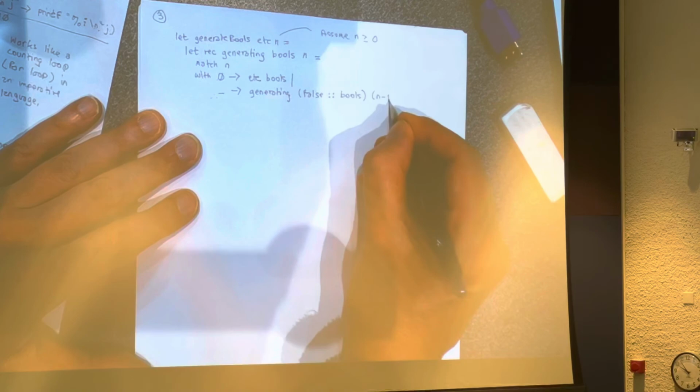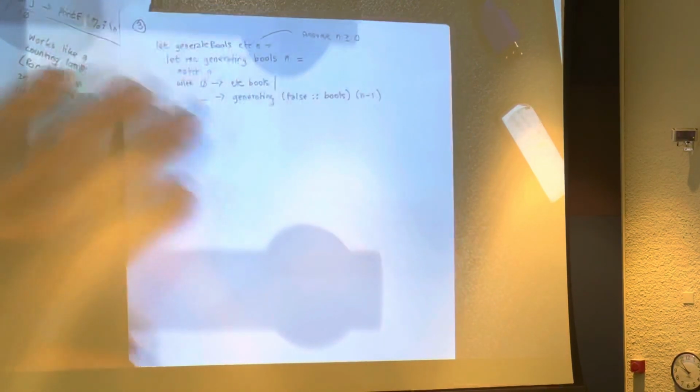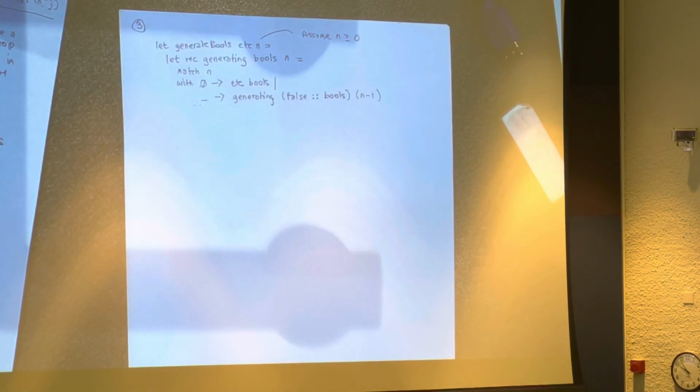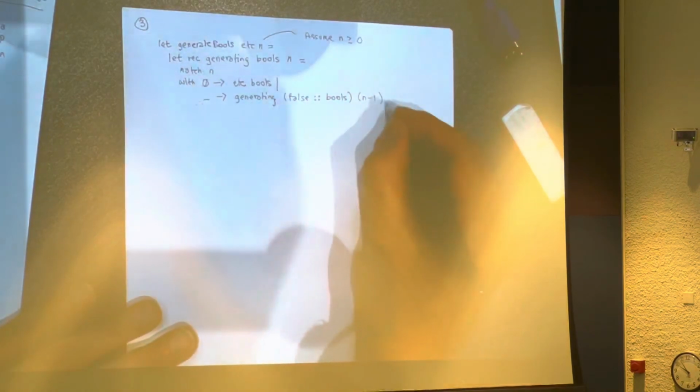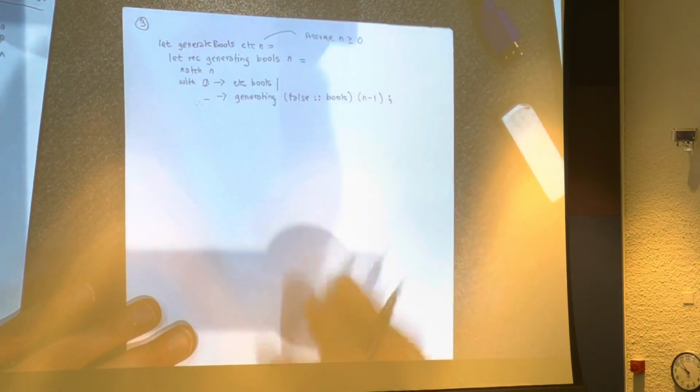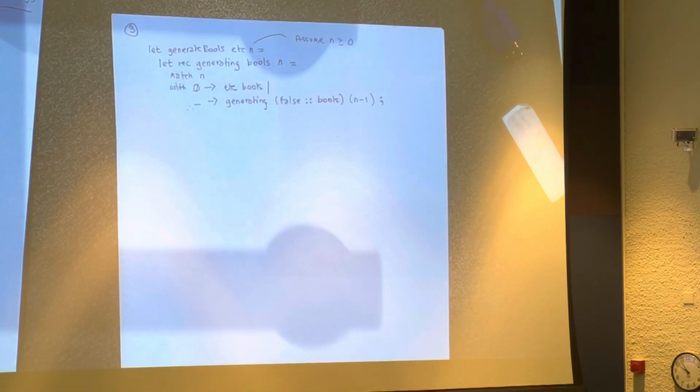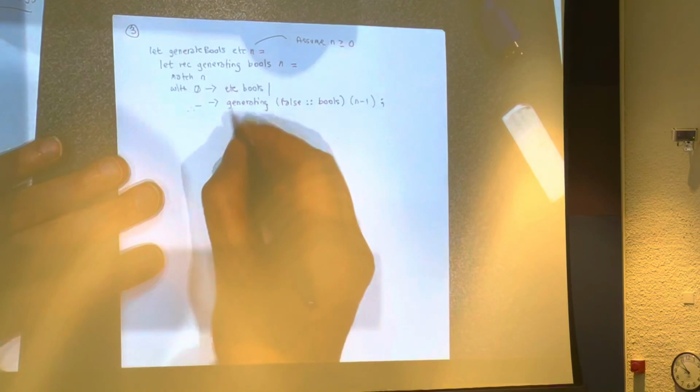And then I'm going to say n minus 1. Okay, because I have just added one Boolean, and so now I have one less step that I have to do. Okay, and I'll put a semicolon here because remember, all we care about is the value that the continuation is getting. We don't actually care what this function returns, at least not for the time being.